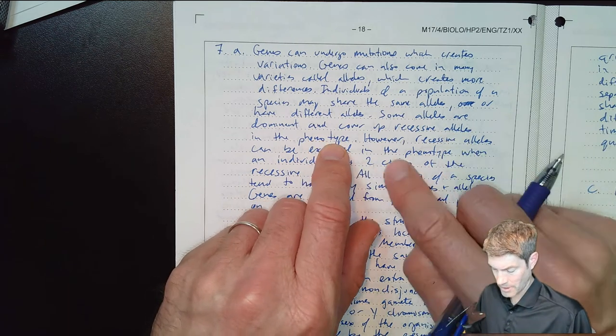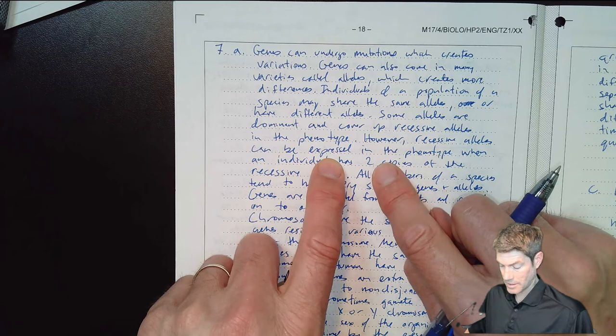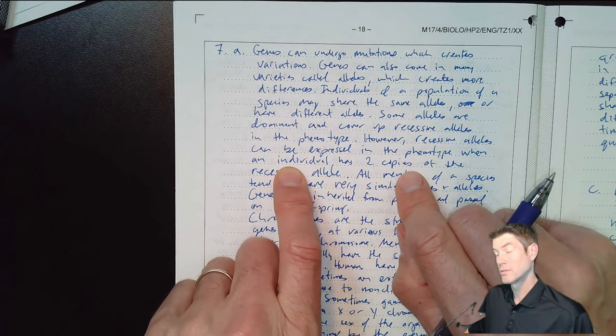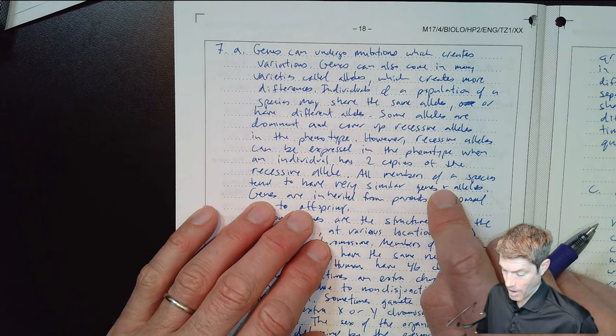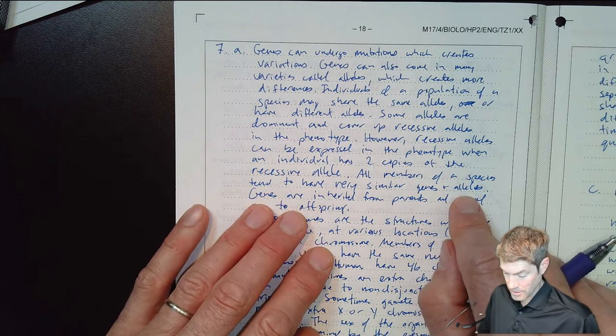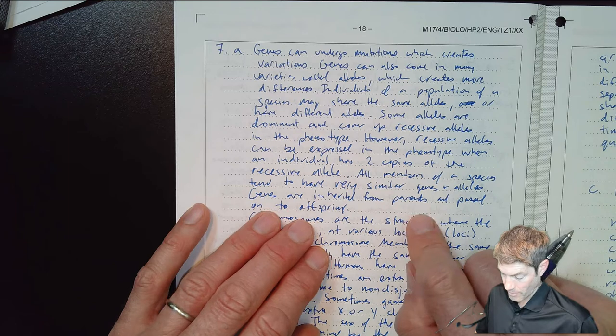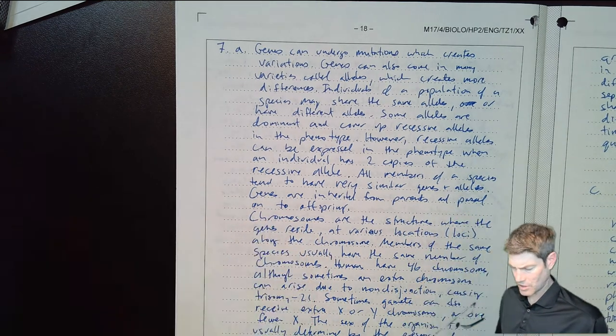Make sure you know the difference between those. However, recessive alleles can be expressed in the phenotype when an individual has 2 copies of the recessive allele. All members of a species tend to have very similar genes and alleles, and genes are inherited from parents and passed on to offspring. So that pretty much covers genes.